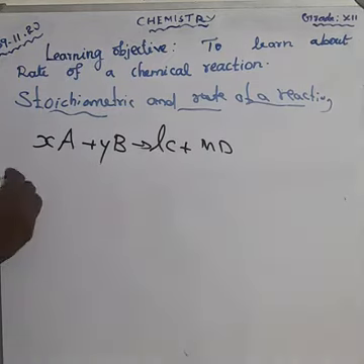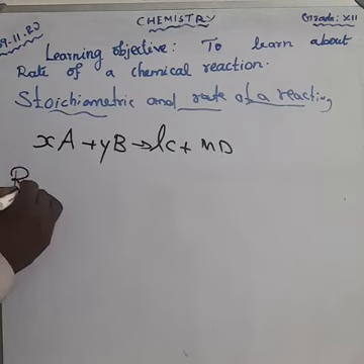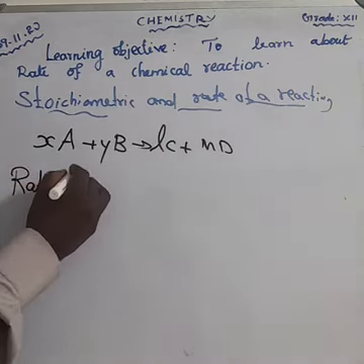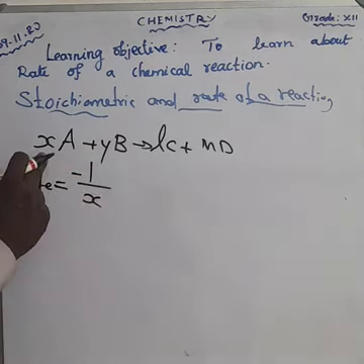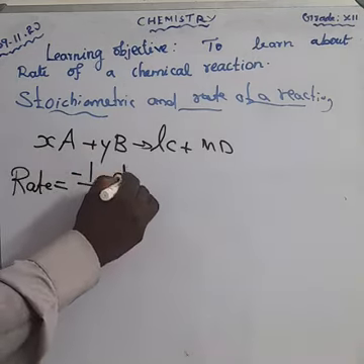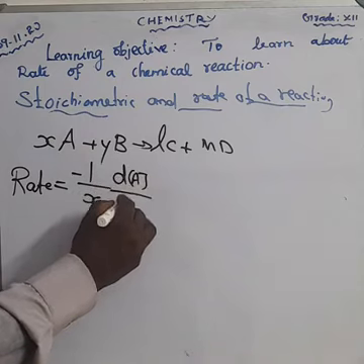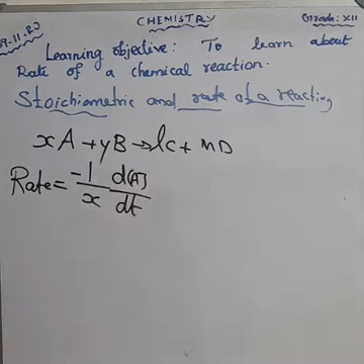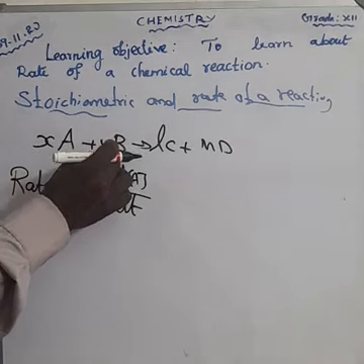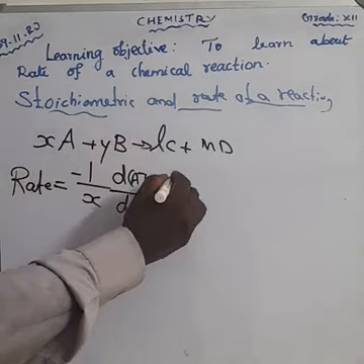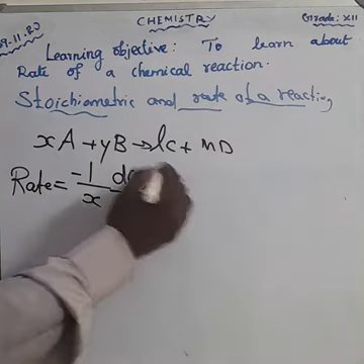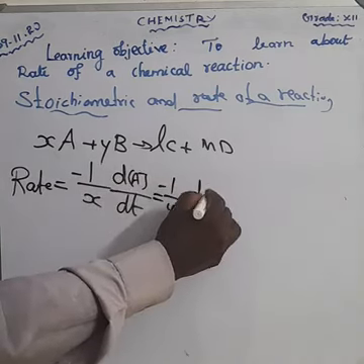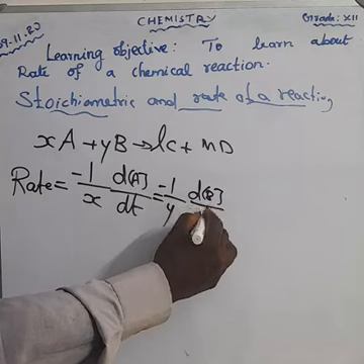Anyhow, on the reactant side, rate is equal to minus 1 divided by x dA divided by dt. That term is equal to minus 1 divided by y dB by dt.